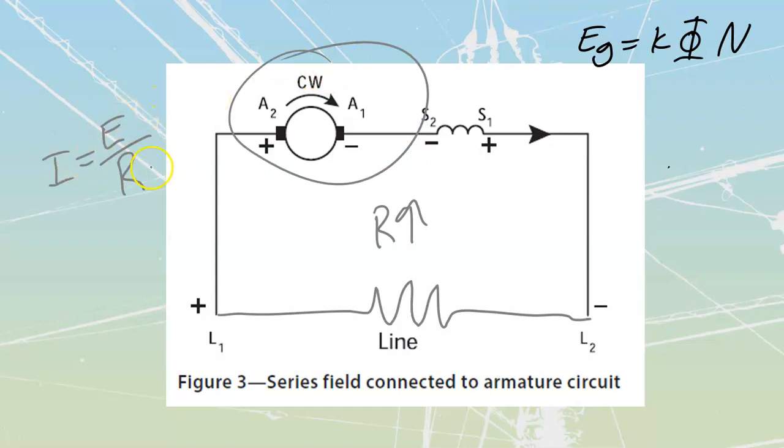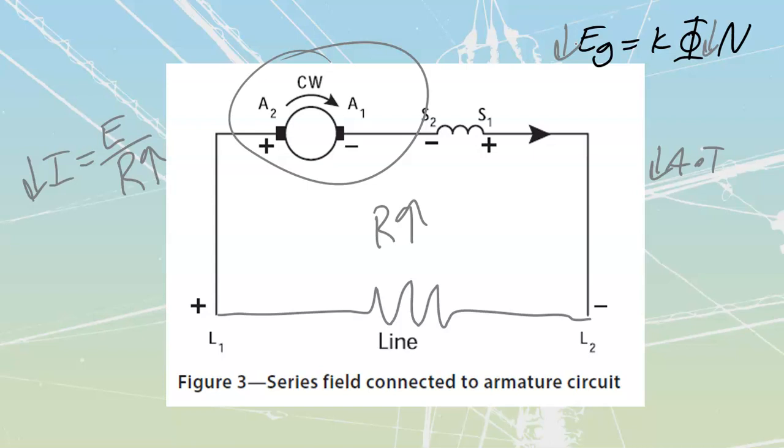If I have got a very high value of R, I'm going to have a low value of I. And if I've got a low value of I, that means that my ampere turns is also going to be fairly low, which means that my flux up top over here is also going to be very low, which means that my voltage output is also going to be very low.